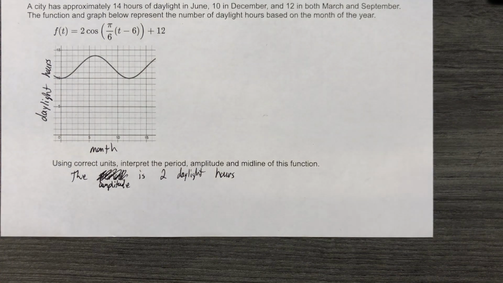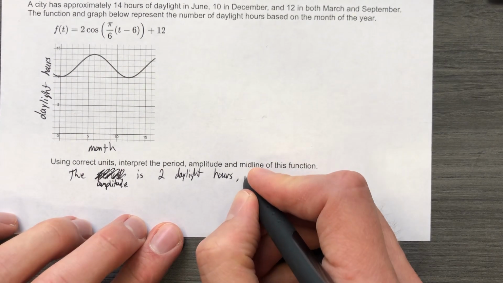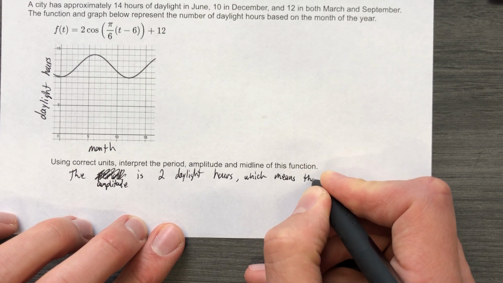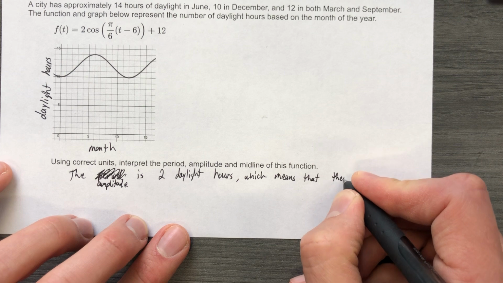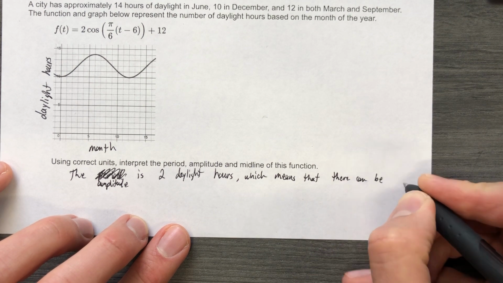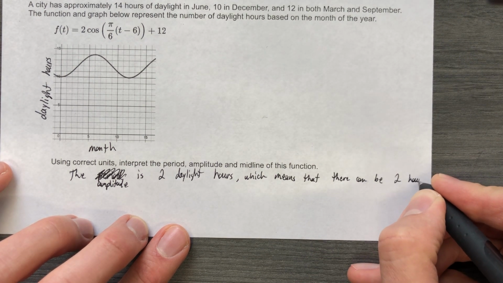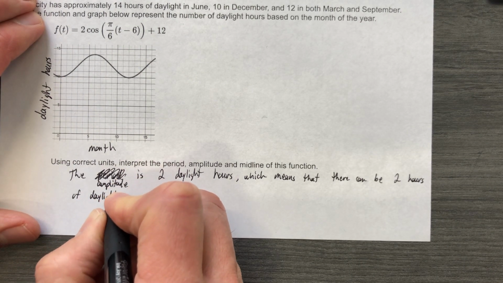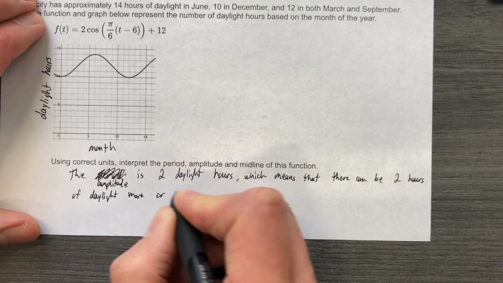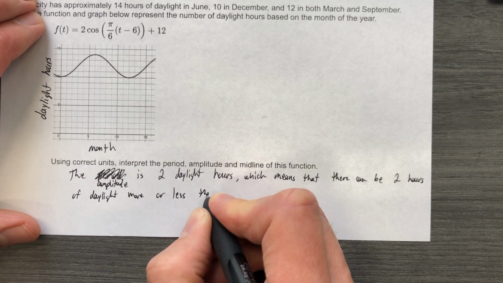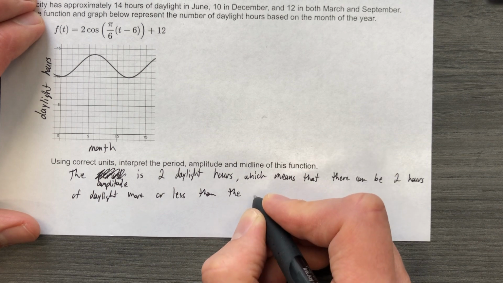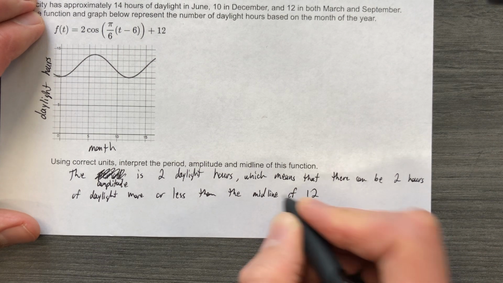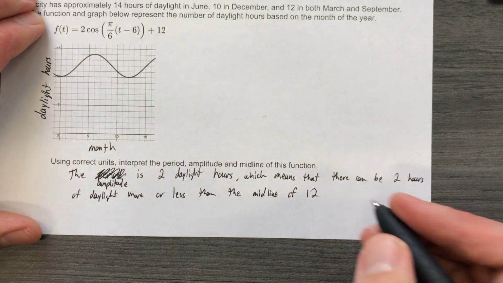All right, the amplitude is 2 daylight hours, which means that there can be 2 hours of daylight more or less than the midline of 12. And it's called midline. It could be called average. It could be vertical shift. It could be a lot of things.